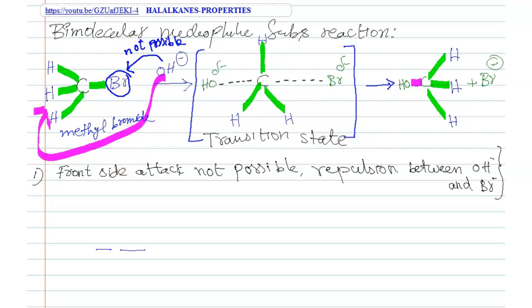Then what will it do? It can attack on the back side. This color indicates back side attack. See this? OH minus comes to the back side of carbon because hydrogens are very small groups. Because of the smaller groups, very large gaps are possible between the two atoms.